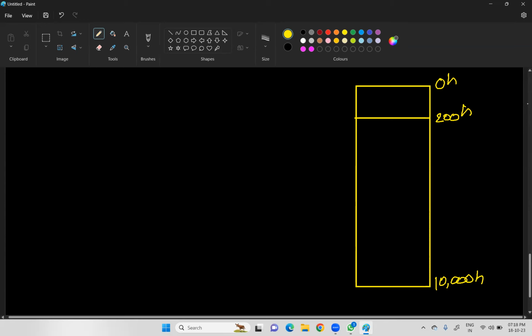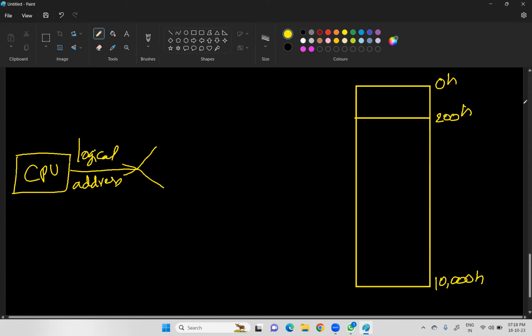Now, the CPU generates a logical address. Whatever logical address was generated by the CPU must always be less than the content of the limit register.